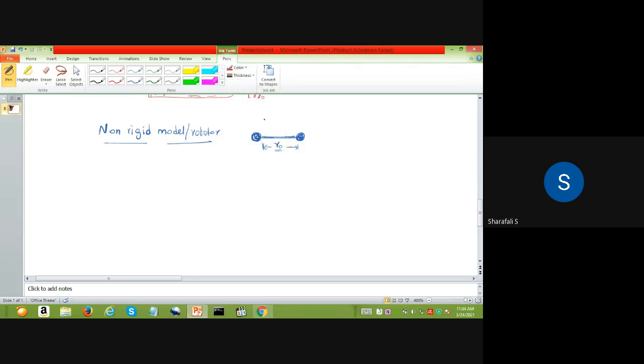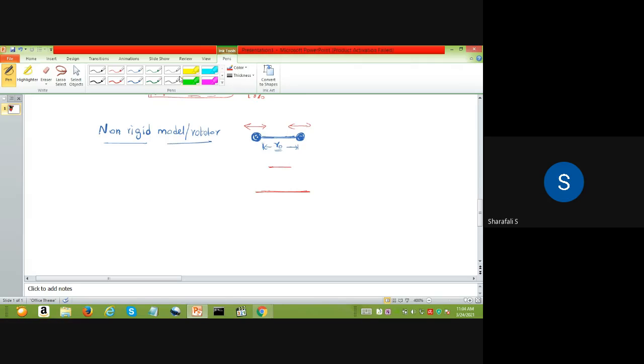So in such cases, the molecule is no longer a rigid molecule. This particular atom can vibrate. This particular atom can be vibrating like this. For example, in some cases you will be getting R0 like this, and in some cases you will be getting R0 which is larger than the previous first one.